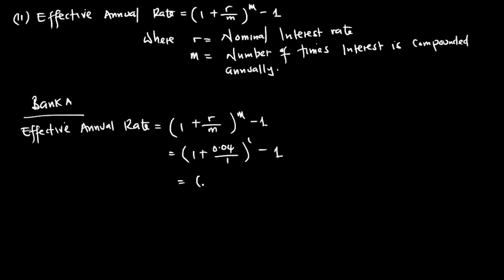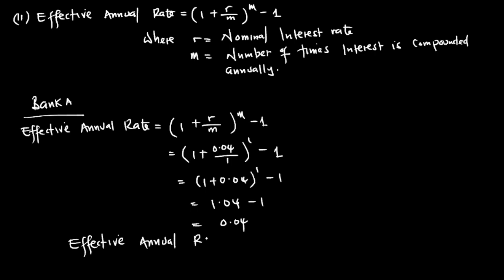That is going to be 1 plus 0.04 to the power 1 minus 1, and our answer there will be 0.04. You multiply that by 100, and you discover that the effective annual rate will be equal to 4%. That is for bank A.